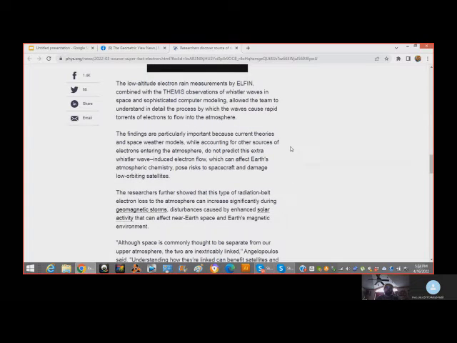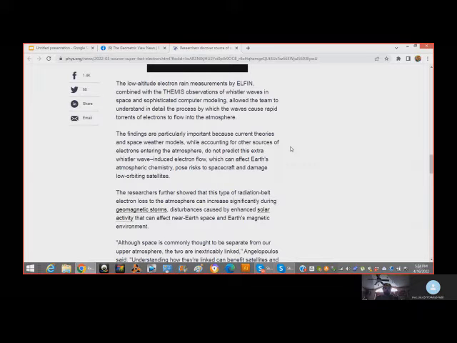The findings are particularly important because the current theories and space weather models, which account for other sources of electrons entering the atmosphere, do not predict this extra Whistler wave-induced electron flow, which can affect Earth's atmospheric chemistry, pose risks to spacecraft, and damage low-orbiting satellites.